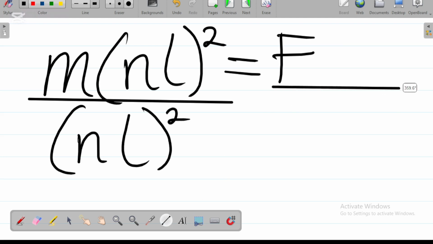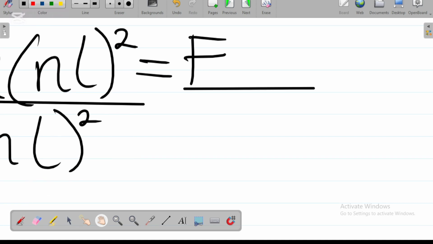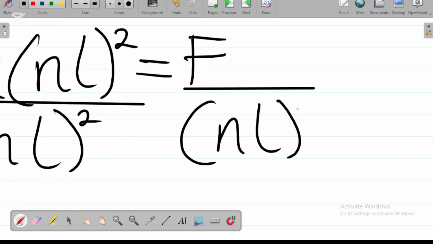And then here we divide by NL raised to power what? 2.